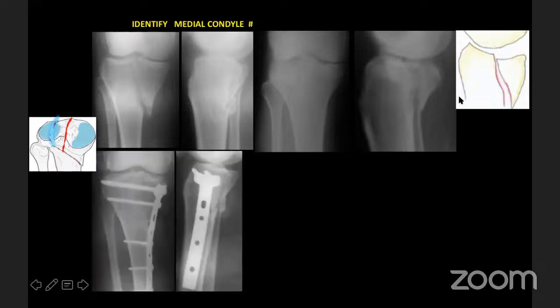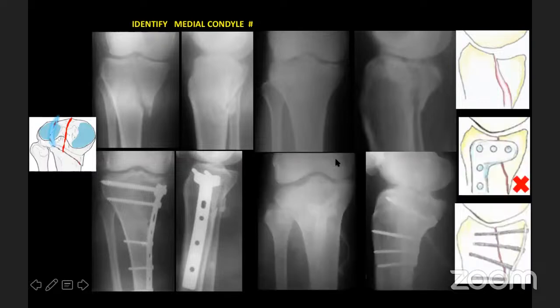A sagittal plane fracture needs just a medial plate and fixation. A coronal plane fracture needs a posterior plate and fixation. Both, but we have to change the surface of the plate, where to put it. So understanding whether the condyle is sagittal or coronal is very, very important to decide your approach, your implant and placement of the plate on which surface, and that will make things perfect.